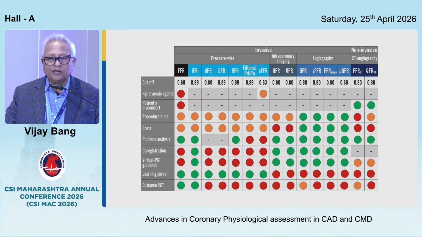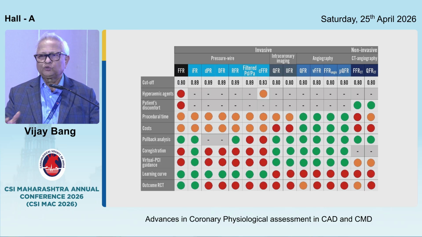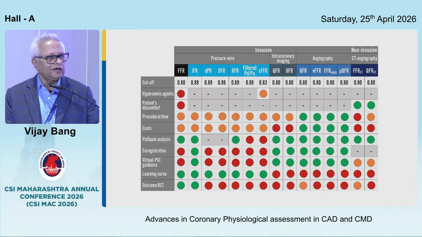So we have to move on ultimately to something which is real time in the cath lab. As soon as we do coronary angiography, we get an idea about the functional testing. And that is called functional coronary angiography.